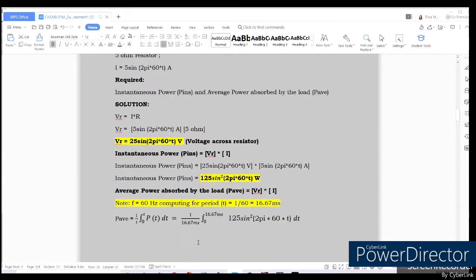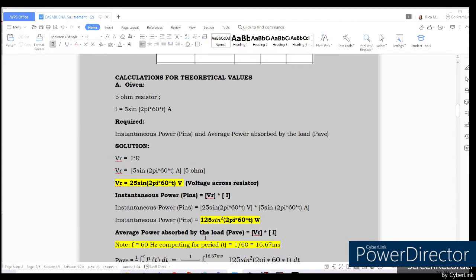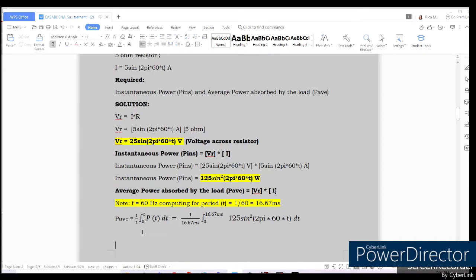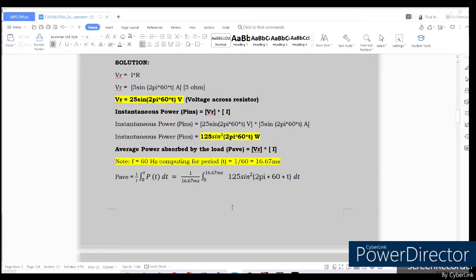For our average power, we will use the formula learned from our power electronics lecture. Our average power is equal to 1 over T times the definite integral from 0 to the time duration of our instantaneous power dt. The challenging part here is performing the integration of the given equation.